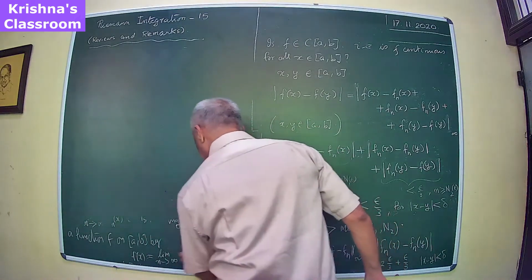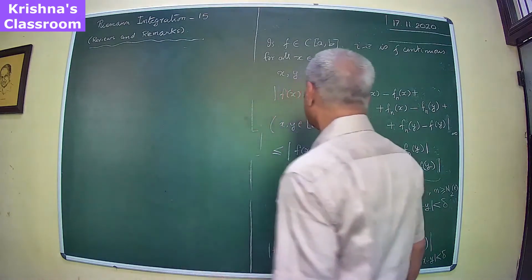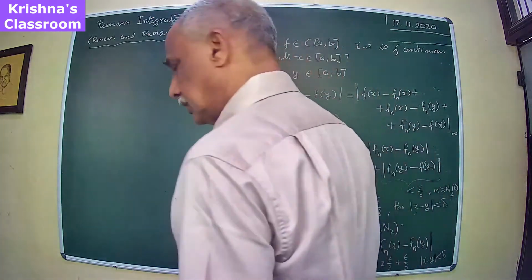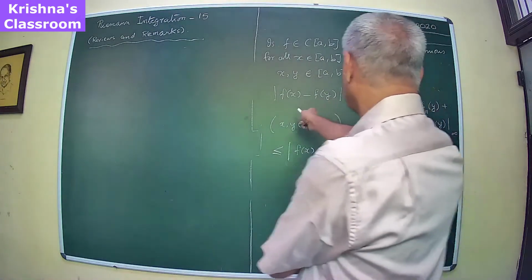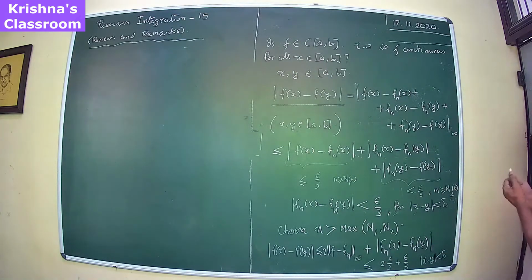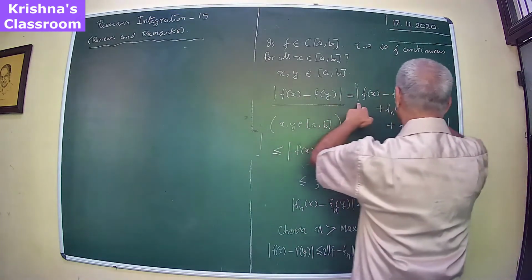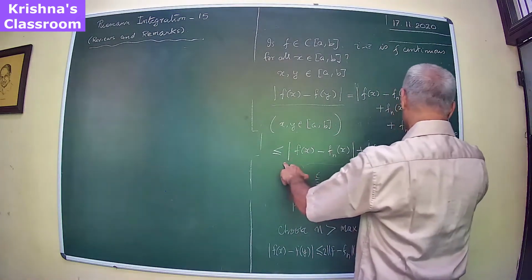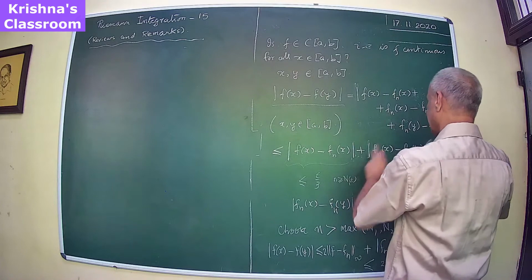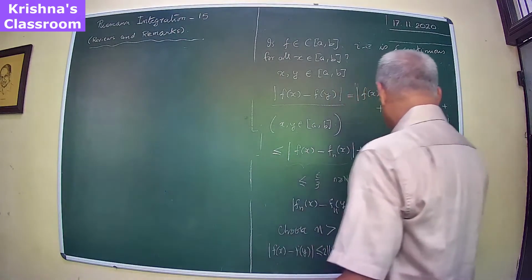That's about continuity. In short, it's a very clever way of estimating. Okay. So you are estimating this as less than or equal to the norm of this part, and mod fnx minus this part. This is the statement that you have. Okay, so this is the one that you are writing.